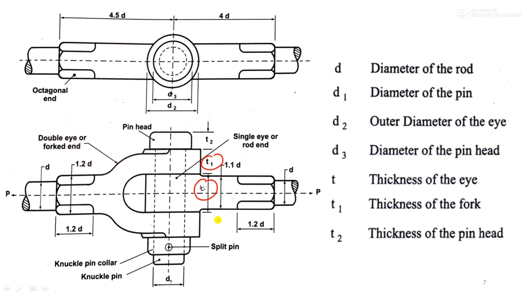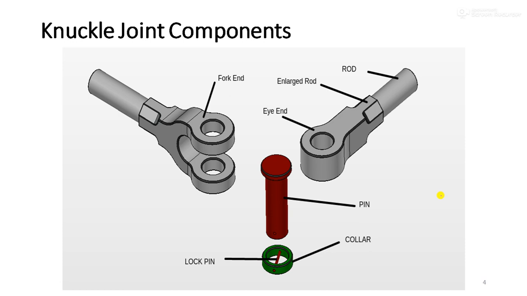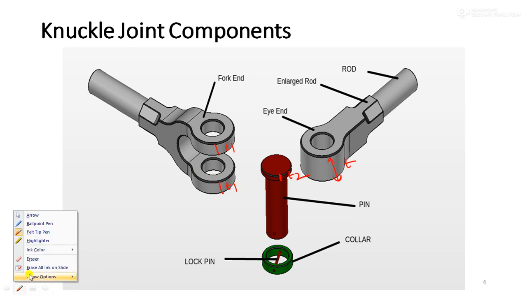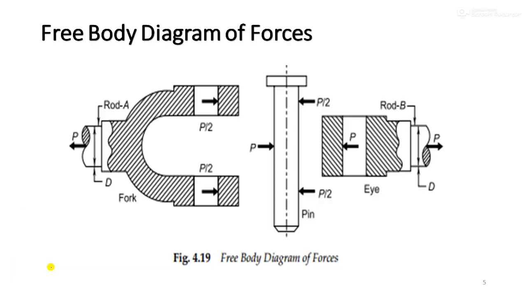T1 is the thickness of the fork, and T2 is the thickness of the pin head. If you are not getting it clearly, you can see here, this is t, this is T1, this is T1, and this is T2. So thickness of the fork end, eye end, and pin head. I hope it is clear to all of you.